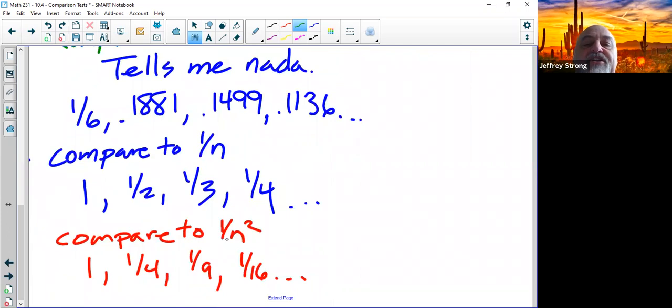So now if I compare it to a converging series, here's 1 over n squared: 1, 1/4, 1/9, 1/16. My series is less, less, but then the third one, 0.1499, and 1/9 is 0.1111.